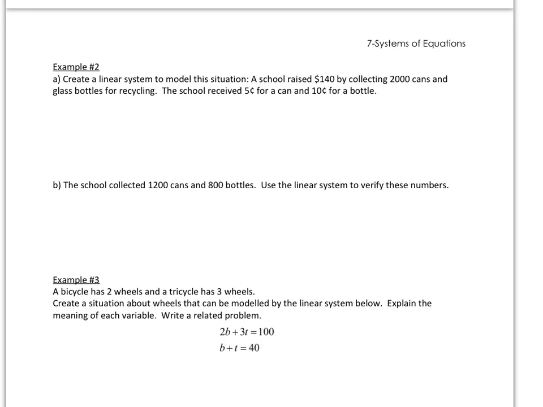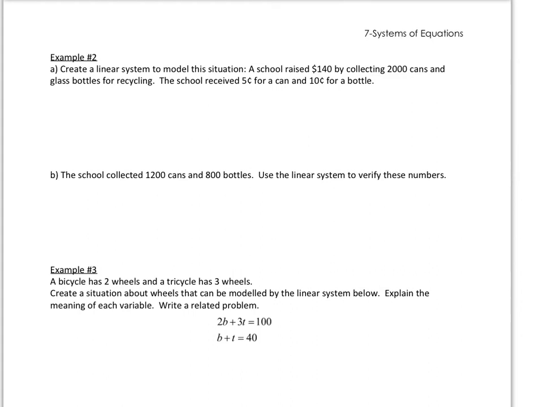Create a linear system to model this situation. A school raised $140 by collecting 2,000 cans and glass bottles for recycling. So a total of 2,000 cans and bottles. The school received 5 cents for a can and 10 cents for a bottle. So we need to decide what our variables are going to be. So we're looking for the number of cans and bottles.